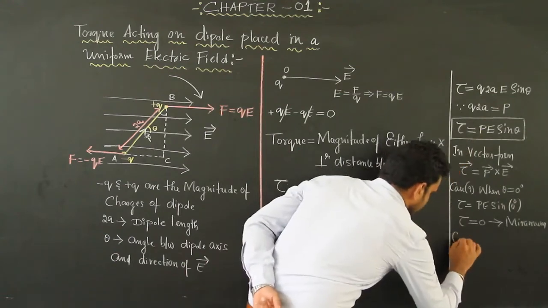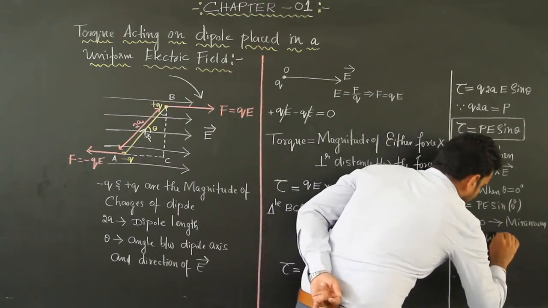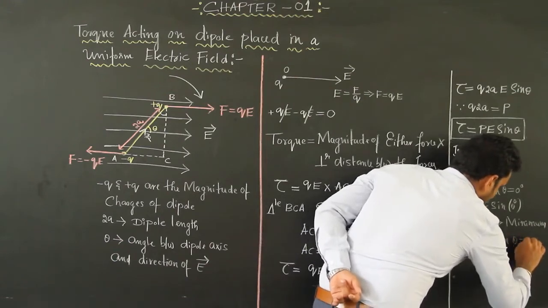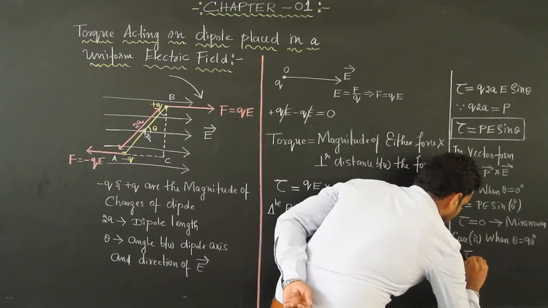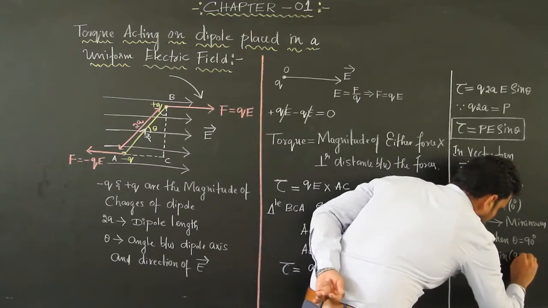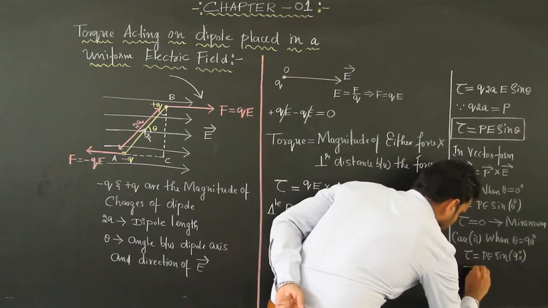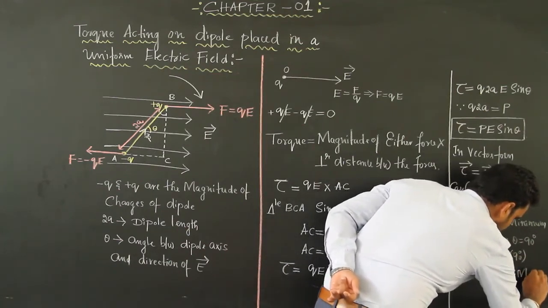Case 2. When theta is equal to 90 degree. By using this equation, tau is equal to PE sin 90 degree. Sin 90 is 1, so tau is equal to PE, maximum.